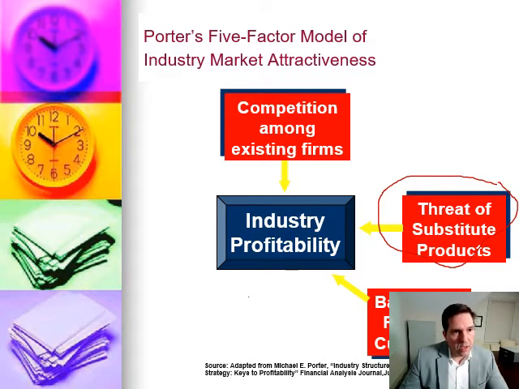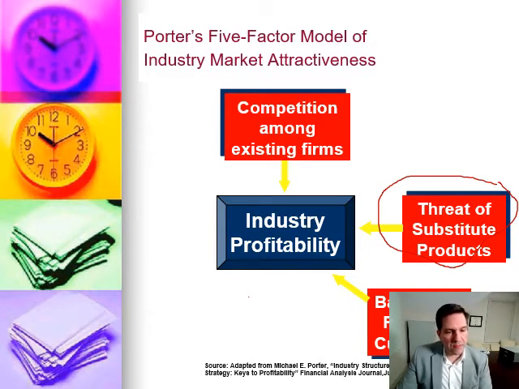So for example, if we talk about military equipment, the U.S. government, the U.S. military, is going to be one of the largest, if not the largest, customer for many firms that make military equipment in the U.S., like General Dynamics, for example.